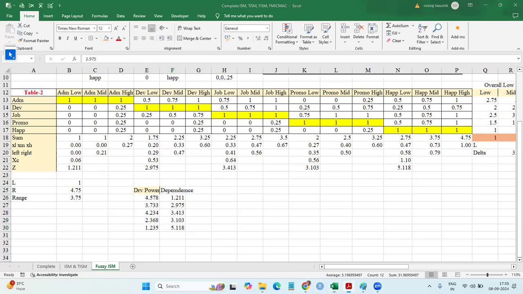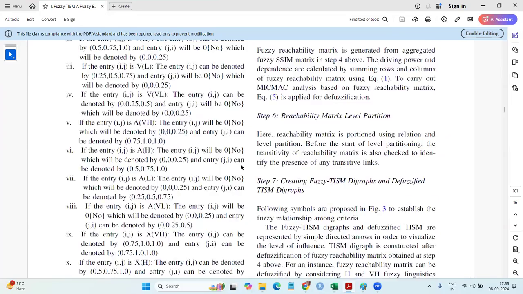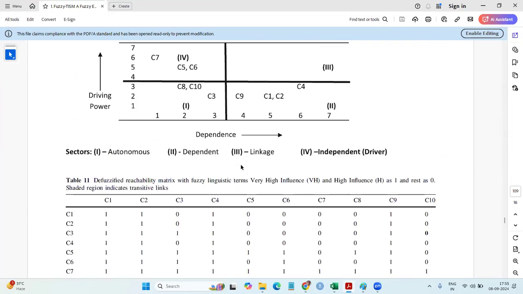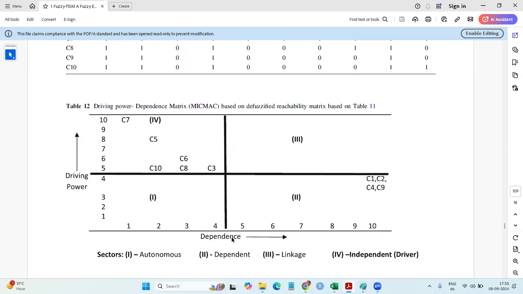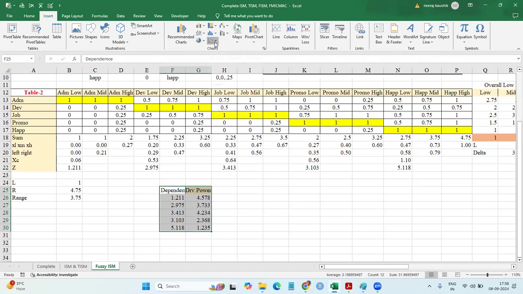Just see in our papers. This paper is the base paper which I said. They have taken dependence on the x-axis. The rule of Excel is that whatever you want on the x-axis should be the first one. So driving power will go here. The rule of Excel is that whatever you put on the left hand side will go to the x-axis.